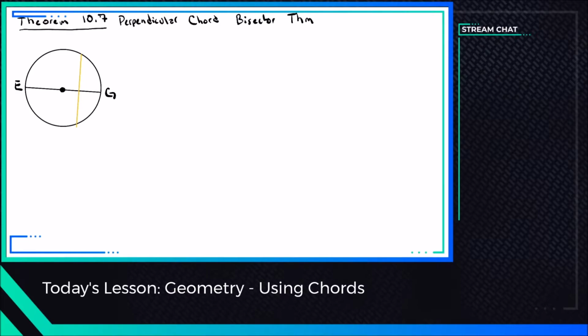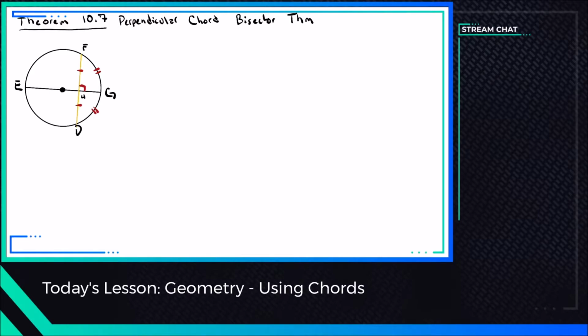So those intersect at a perpendicular angle. And we're going to call that guy FD. So what this is saying is that if that chord is perpendicular to the diameter, then the top side is congruent to the bottom side, and this top arc is congruent to this bottom arc. And we'll say they intersect here at H.